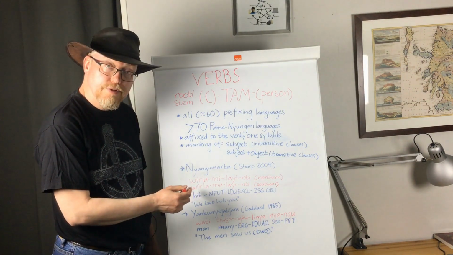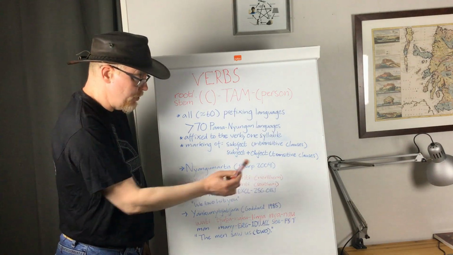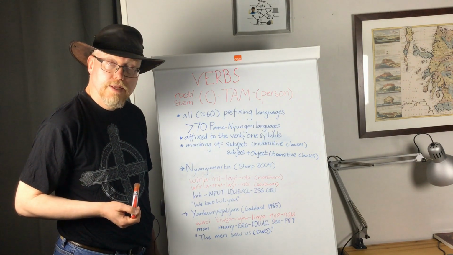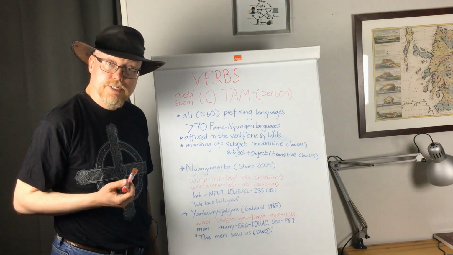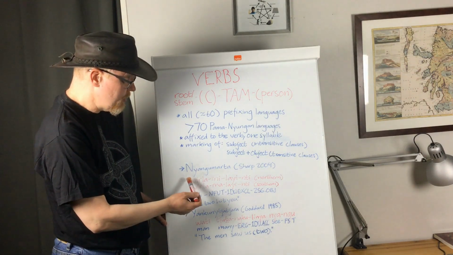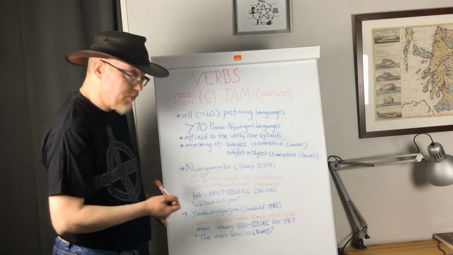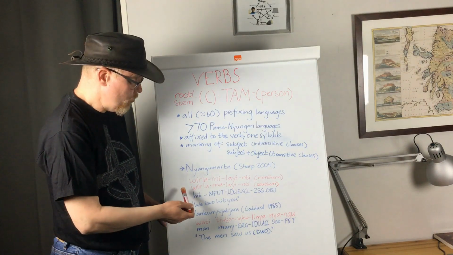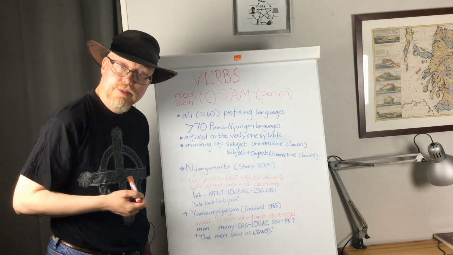And here we have an example in both the northern and the southern dialect. In this case, the difference isn't very big. So in the northern dialect, we get widani laindi. And in the southern dialect, widanna laindi.